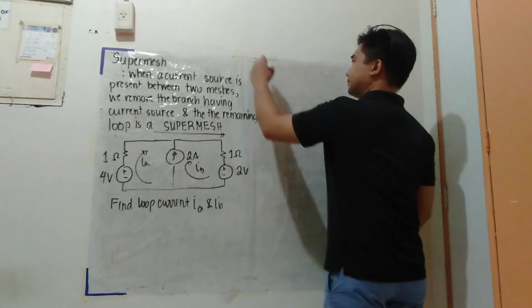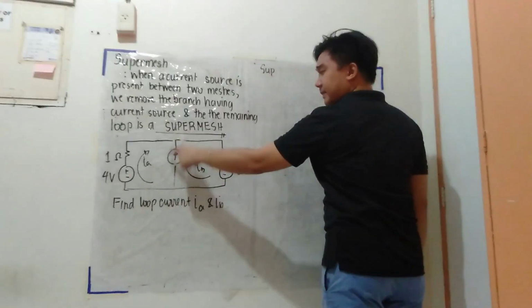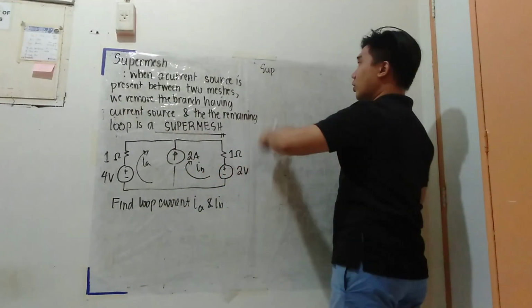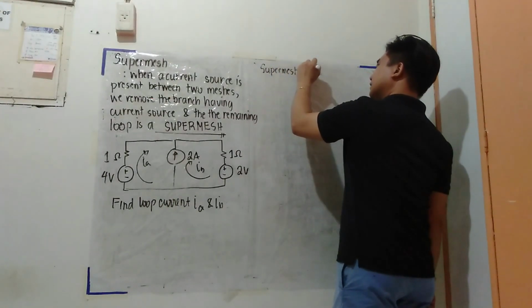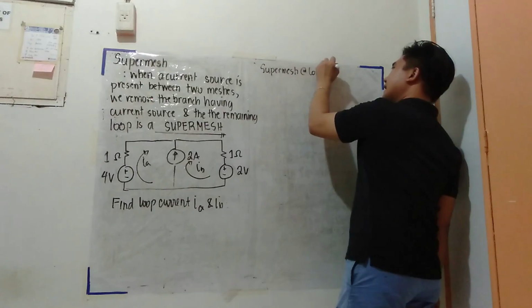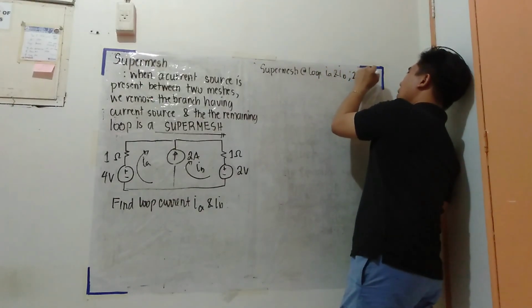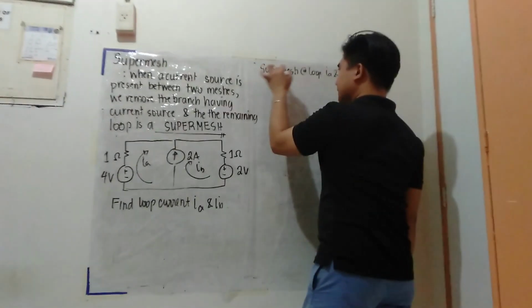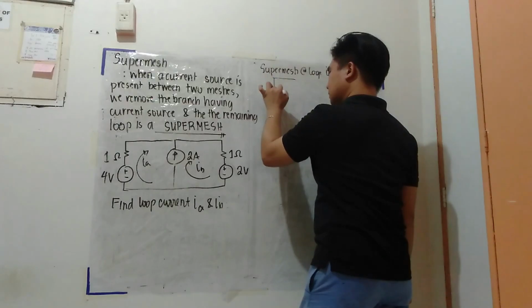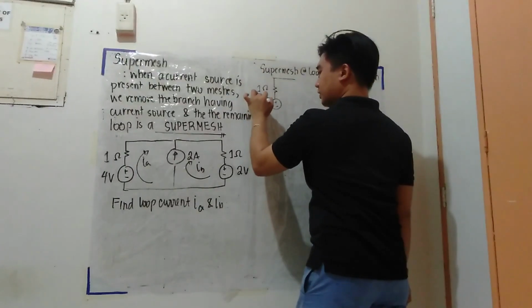Ganito lang po. So, supermesh, dahil meron akong independent current source, i-open ko yan. So, supermesh at loop IA and IB. 2 amperes open. So, i-redraw ko lang yung circuit. 1 ohm, 4 volts.